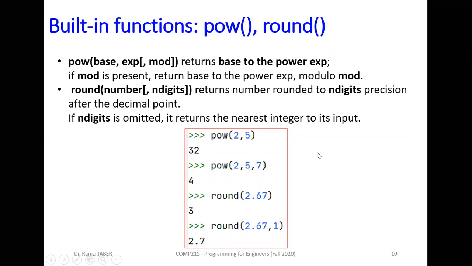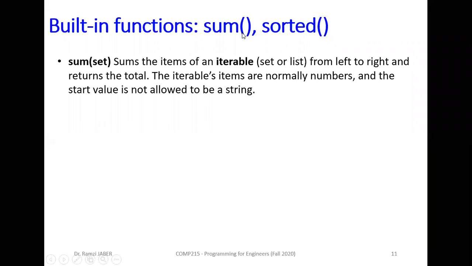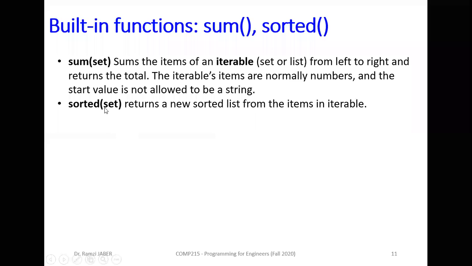Okay? We'll continue. Sum, sorted. Sum, if we have a set, sums the items of an iterable, set or list, from left to right and returns the total. The iterable items are normally numbers and the start value is not allowed to be a string. We cannot sum a string number. Sorted returns a new sorted list from the items in iterable.